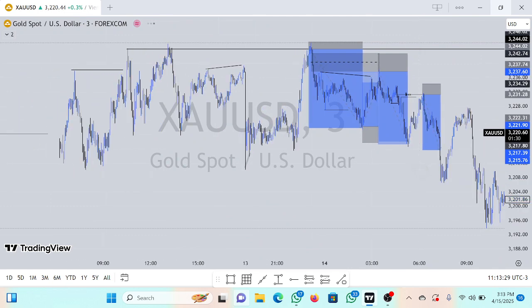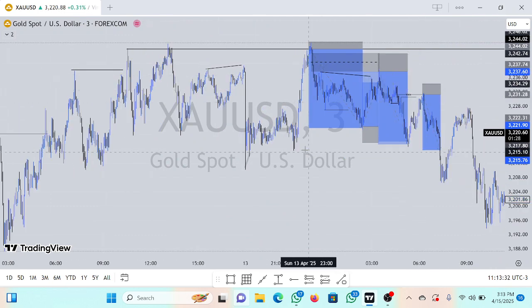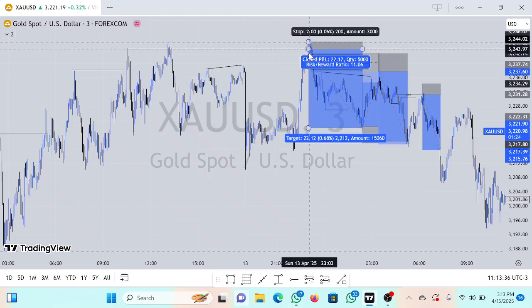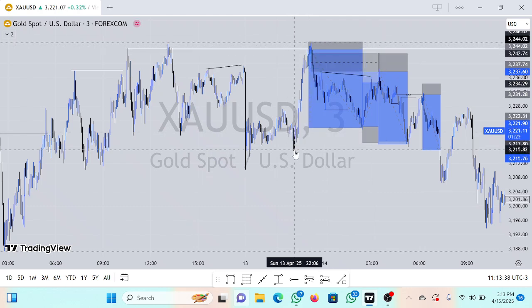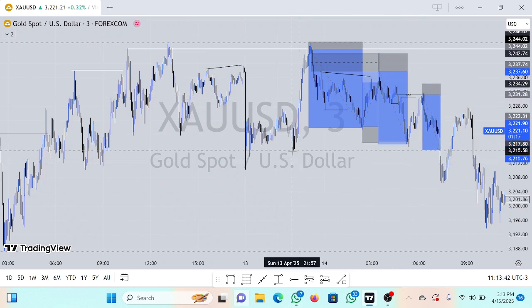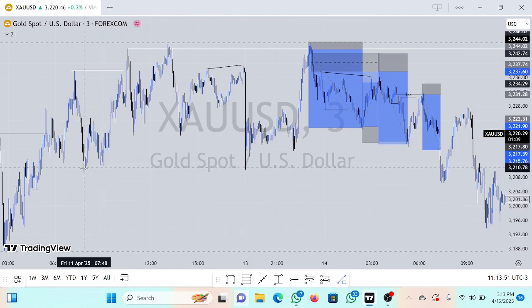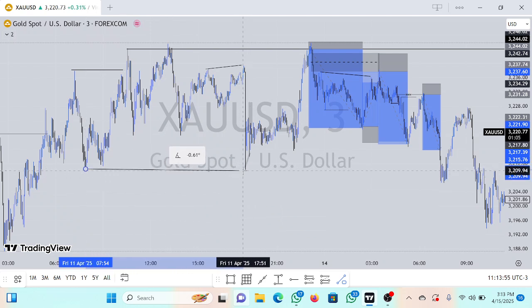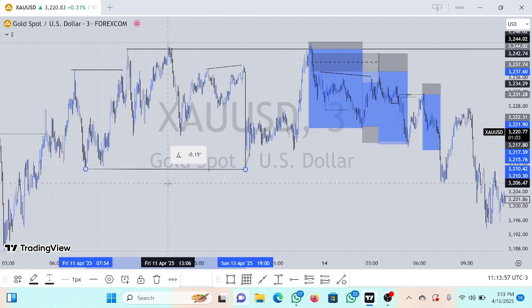You can see that after this low has been taken out by this place, here is our Asian high, while here is our Asian low. We are looking for price to take out this Asian low and this double bottom liquidity, which is our main focus to take out.